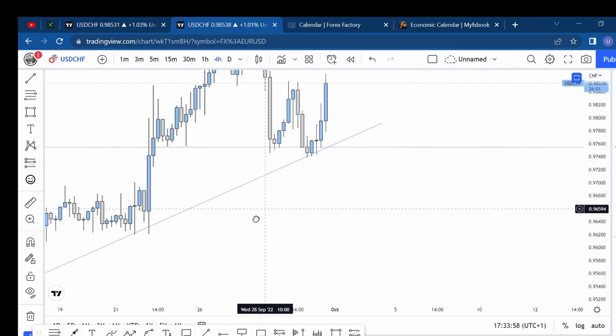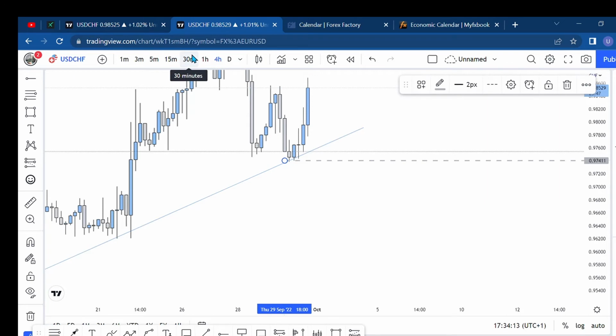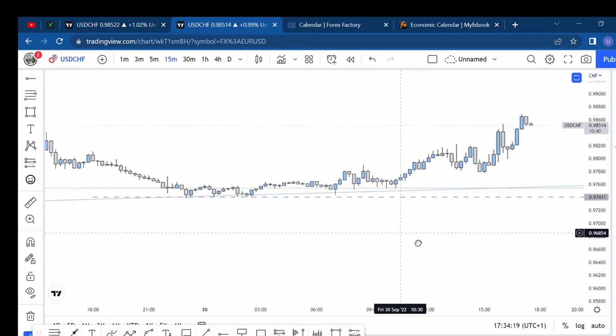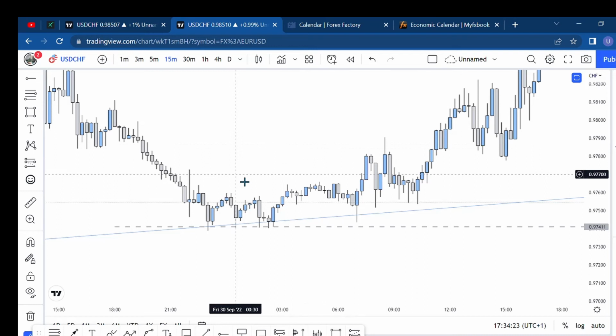So on this trade right here, let's say for example, I want to buy after market hits here. When I saw market touched the trend line, I'll bring out my line, mark the week. After marking that week, you go to your 15 minutes, because I always say use your 15 minutes, your 5 minutes, or whatever time frame you use for your entry, because it gives you better entry.